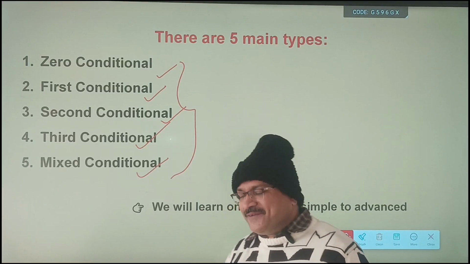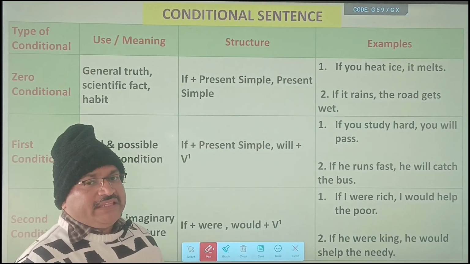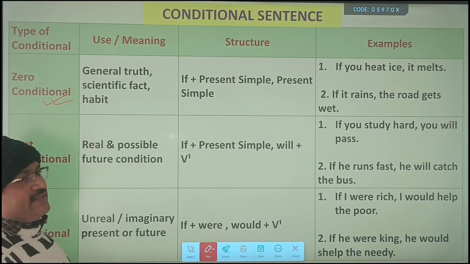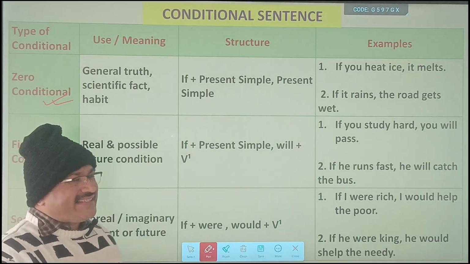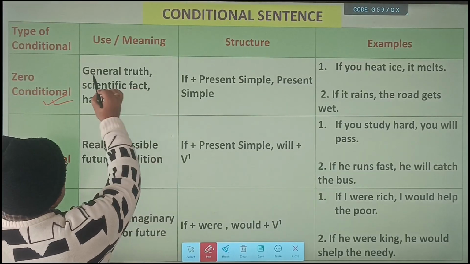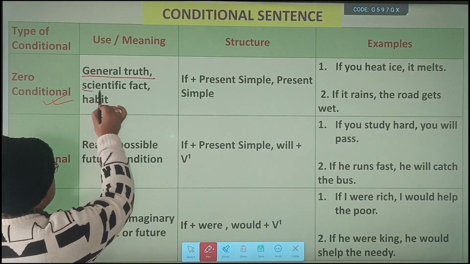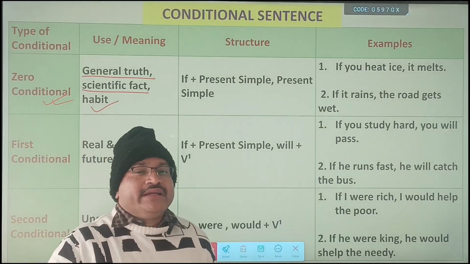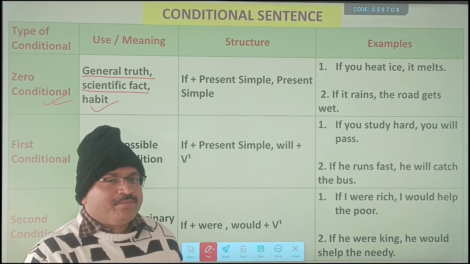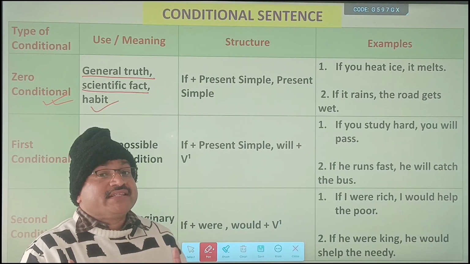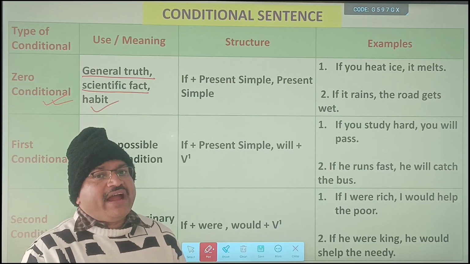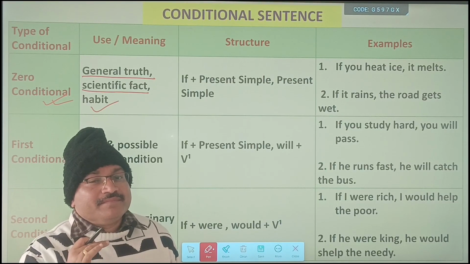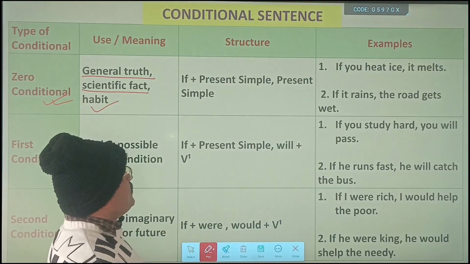So let us start. Friends, to start with, let us see the first one, zero conditional sentence. A sentence that expresses general truth, scientific fact or habit is called a zero conditional sentence. Sentence expressing scientific truth, proven facts and habits is called a zero conditional sentence.